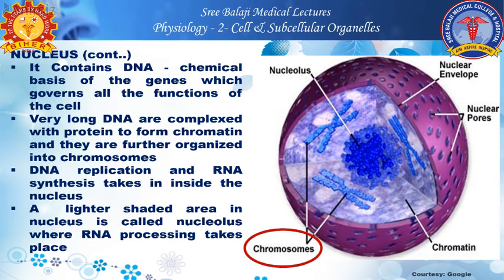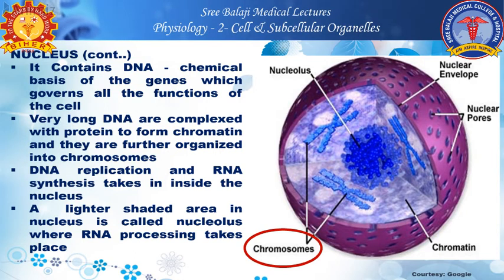The DNA replication and RNA synthesis. DNA replication means the division of a DNA. Once DNA divided into 2 DNAs. Likewise, RNA synthesis, that is transcription, takes place inside the nucleus.